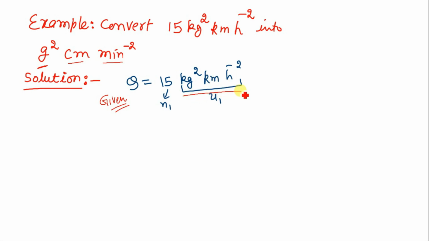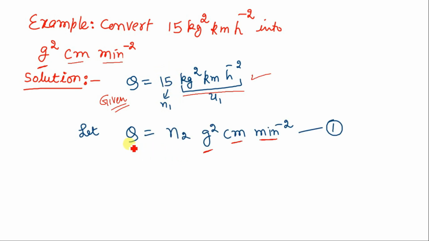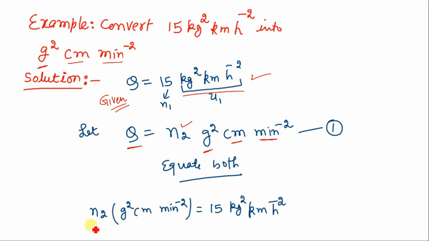So this one is actually the unit, and this 15 is actually the numerical value given to us. Suppose this quantity Q gets the numerical value N2 when it is converted into appropriate units as asked in the statement. We are going to equate both of these equations. So in the left side we will get N2 gram square centimeter per squared minute, and right side is given to us, it is 15 kilogram square kilometer per squared hour.